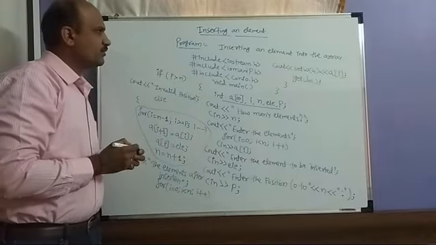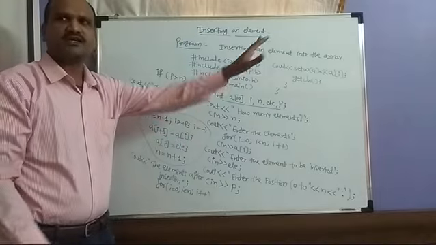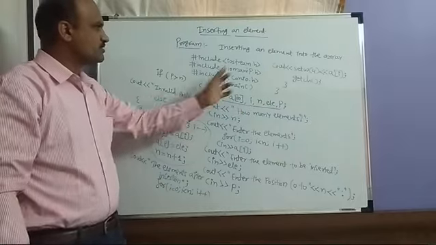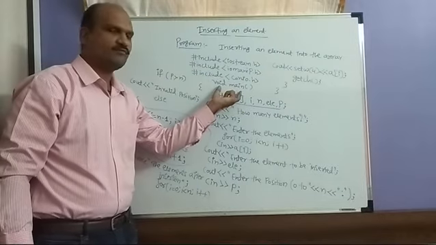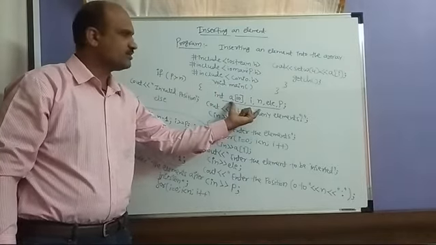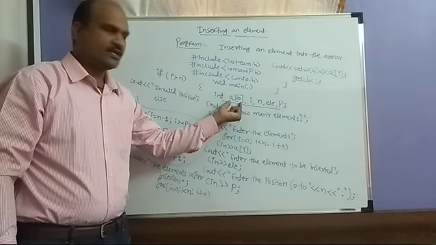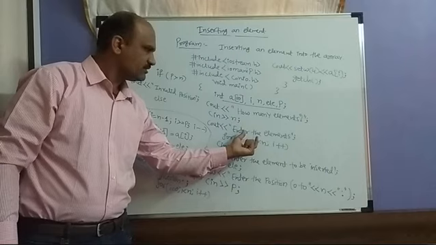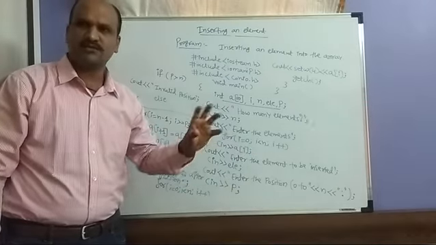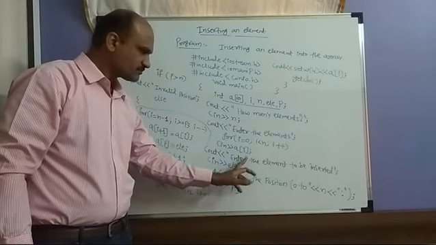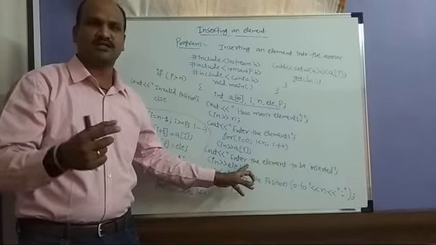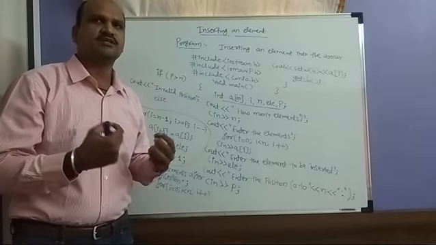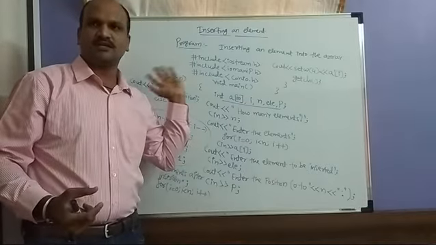So, very important, that is inserting an element into the array. First we write the header files, then in the main function we declare the variables with a one dimensional array, then how many elements in the array, then enter the elements, all elements should be read, then enter the element to be inserted, which element you want to insert, for example 30 I told you.